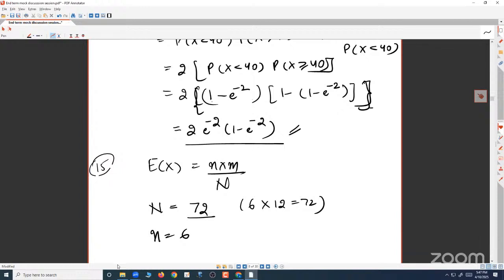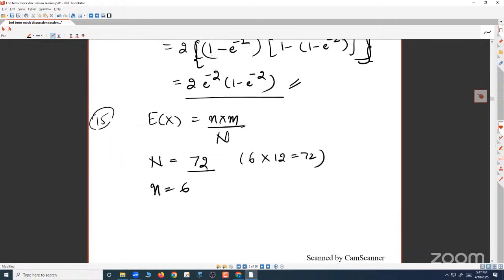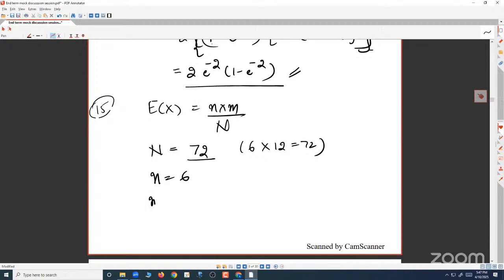Correct? And my value of M would be 12, because there are 12 rotten bananas. So my expectation of X would be 6 into 12 by 72, which is going to be 1.